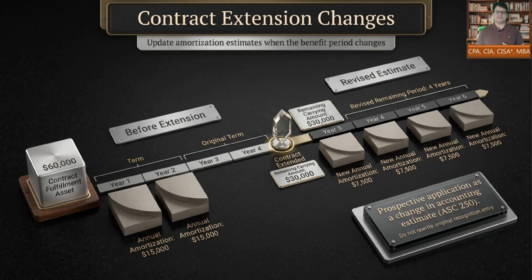If the contract is then extended for 2 additional years, there are now 4 remaining years of benefit: the 2 original remaining years plus the 2 extension years. The remaining $30,000 is amortized prospectively over 4 years, giving new annual amortization of $7,500. This is a change in accounting estimate under ASC 250, so we do not rewrite the original recognition entry.